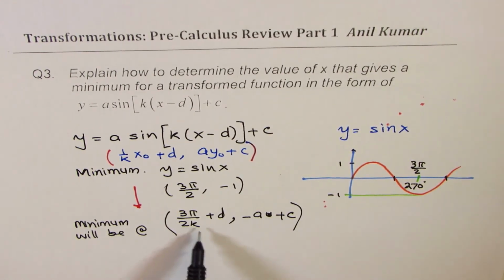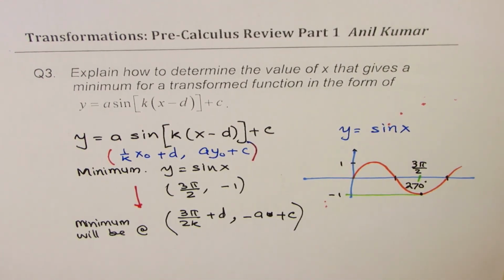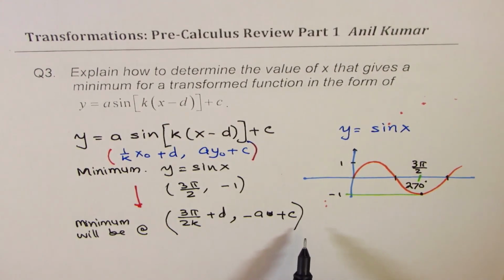You get it? So that becomes the coordinate for this point, right? So that is how we could do it.